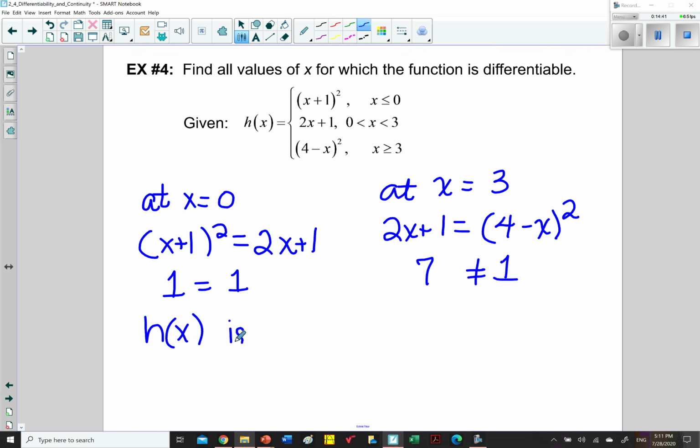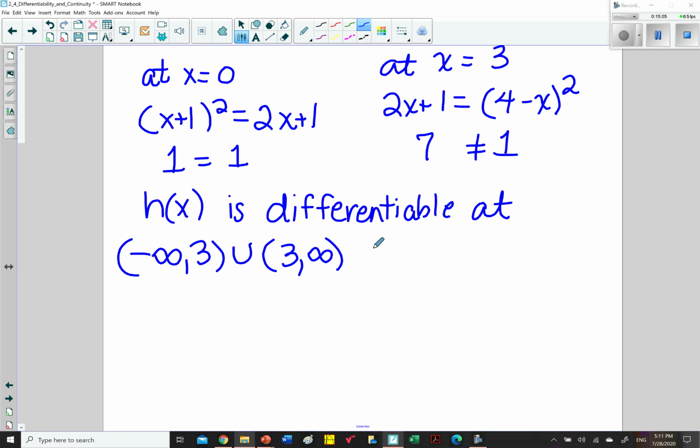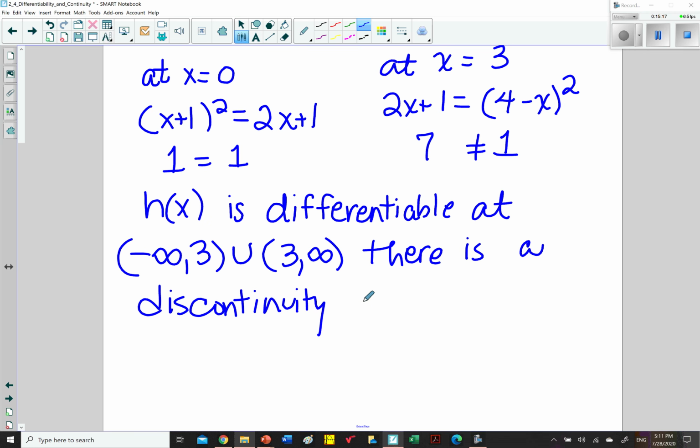H of x is differentiable from negative infinity to 3 and from 3 to infinity. But we've got a discontinuity, don't we? There is a discontinuity at x equals 3. So h of x is not differentiable there.